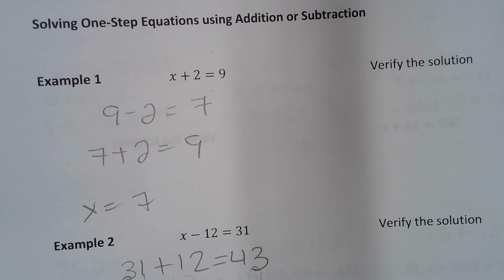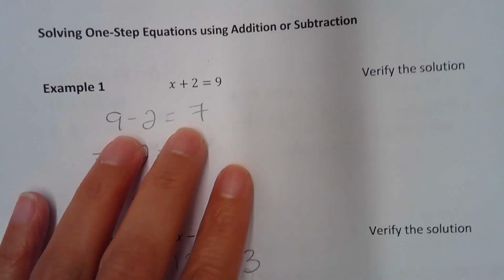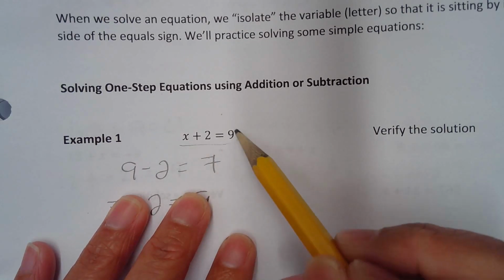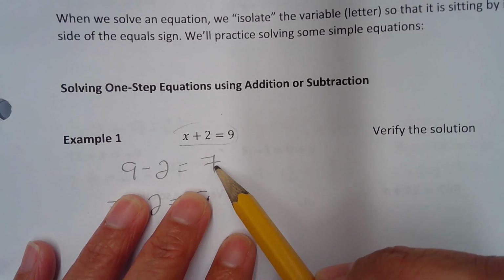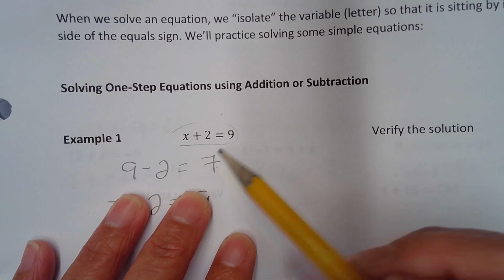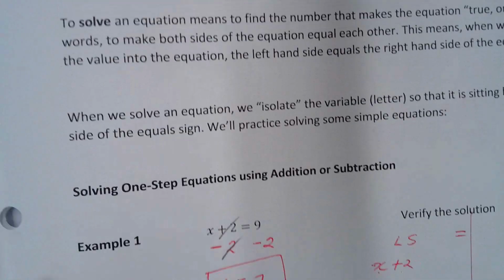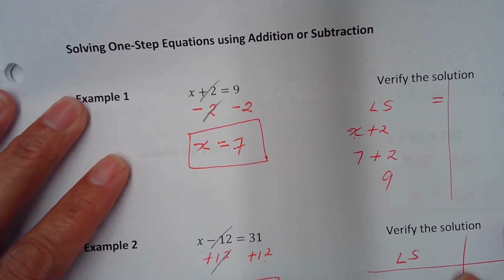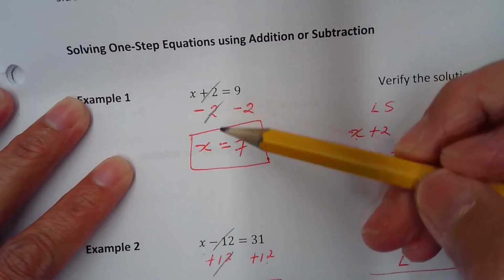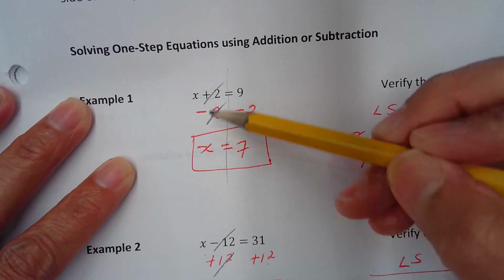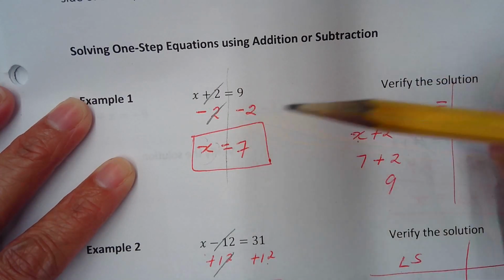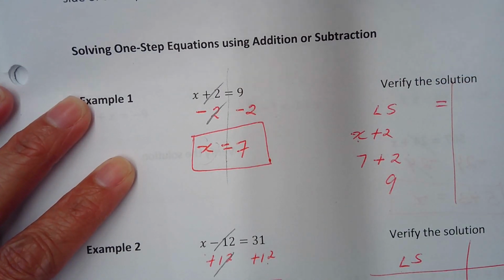The line on the top should equal the line on the bottom, but here the line on the top doesn't really equal the next line. So let's go back. We have to maintain where the x is. We're solving for x.